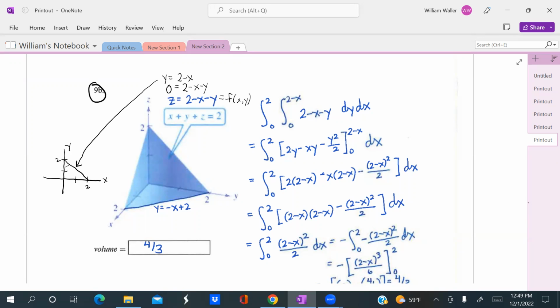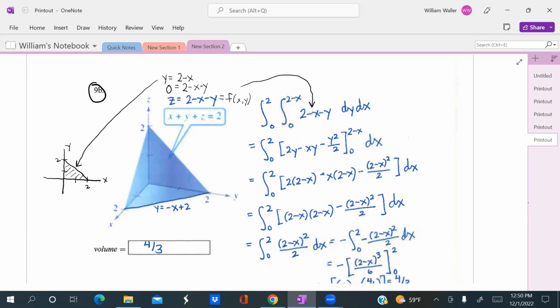So here is our region of integration. So we just set up the boundaries on our double integral to describe this region of integration, and then we're just integrating this function over that particular region.